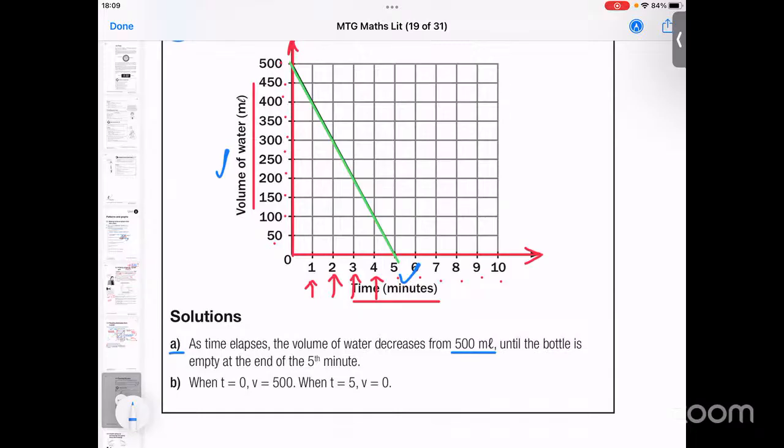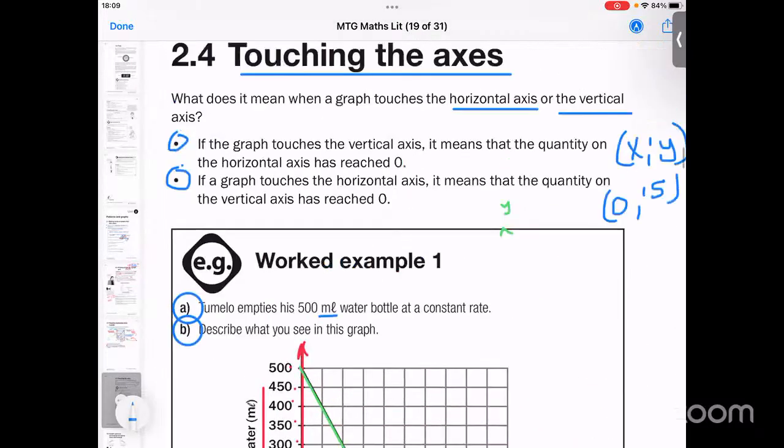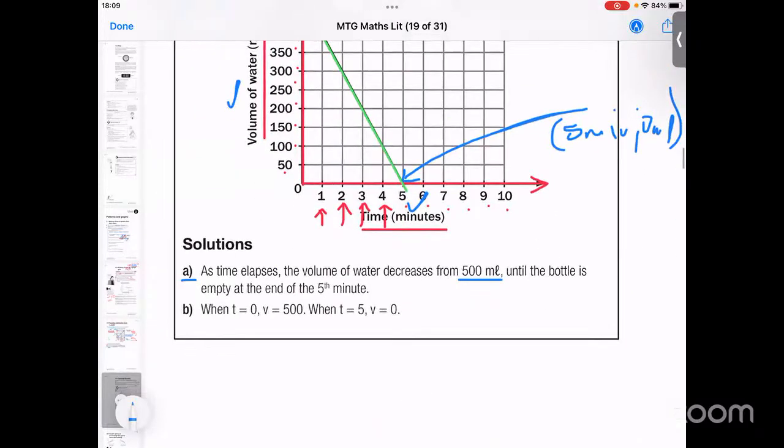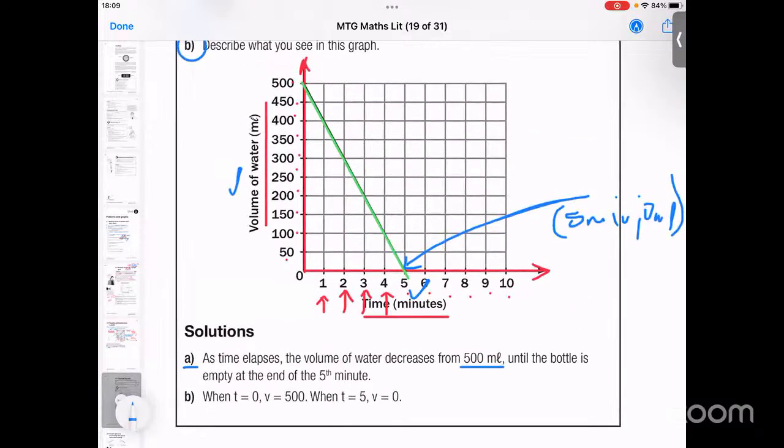You see, why are we saying it's empty? Because at that point, the time is 5 minutes, and in terms of the volume, it is 0 milliliters. Remember what we discussed about the graph touching the axis. That's how you interpret it. As time goes on, it's like Tumelo is drinking, though you can't drink like that constantly without stopping.